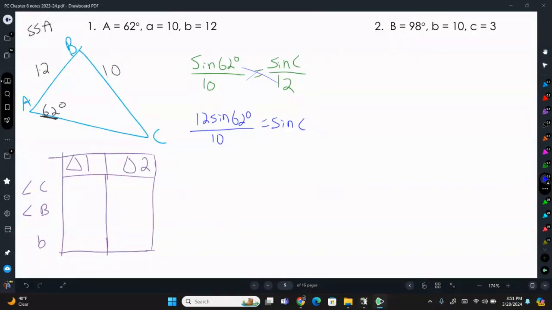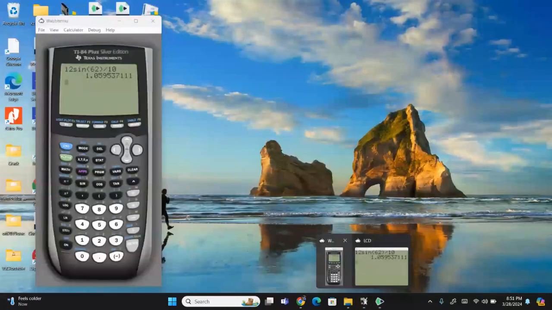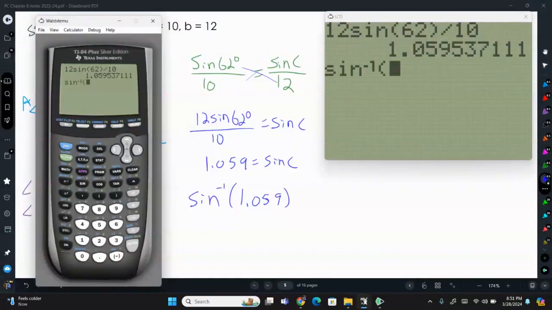So we could enter, and we get 1.059. 1.059 equals sine of C. Now, if you can see at this point that there's no triangle, you can say that, but if you need to do this step right here, if I try to take the inverse sine of that, it's a number bigger than 1, so I'm going to get an error.